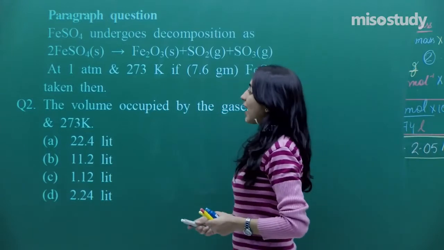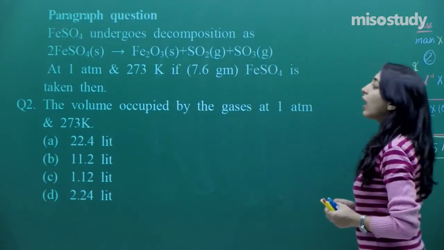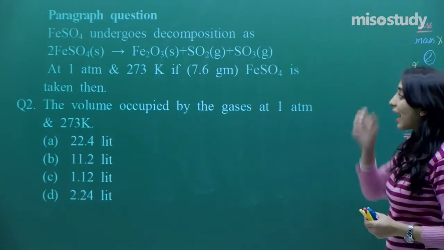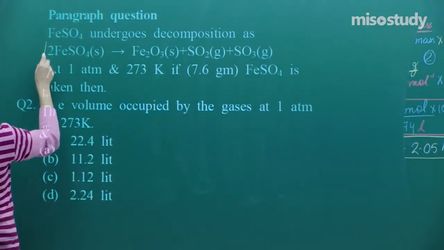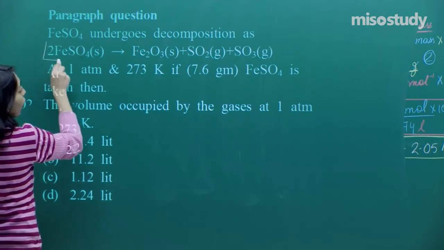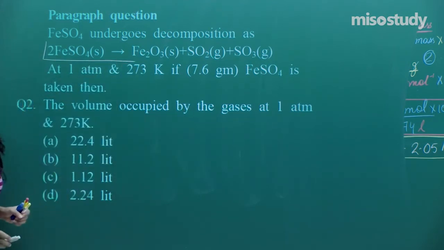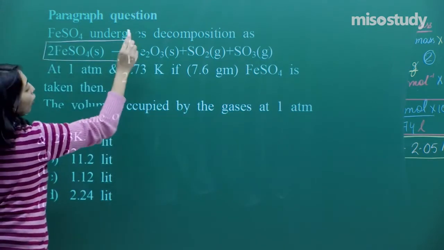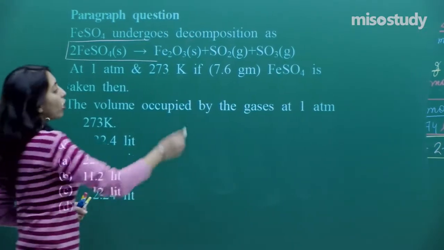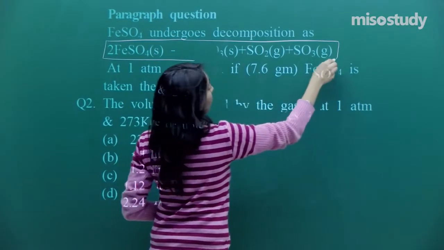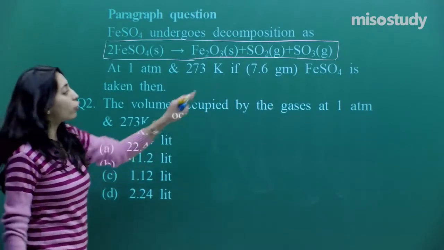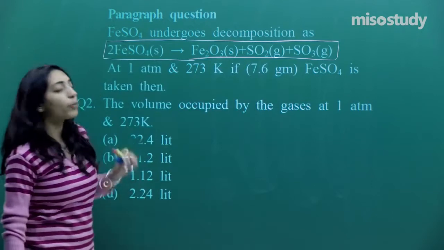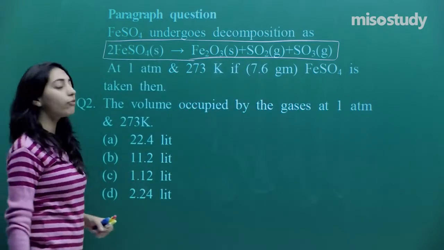The question says that FeSO4 undergoes decomposition as, so there is a reaction which is decomposition reaction of FeSO4. So 2 molecules of FeSO4 in the solid state will decompose to form Fe2O3 in the solid state plus SO2 plus SO3 in the gaseous state, okay. So 2 of the products are gases and 1 of the product is solid. Cool enough?